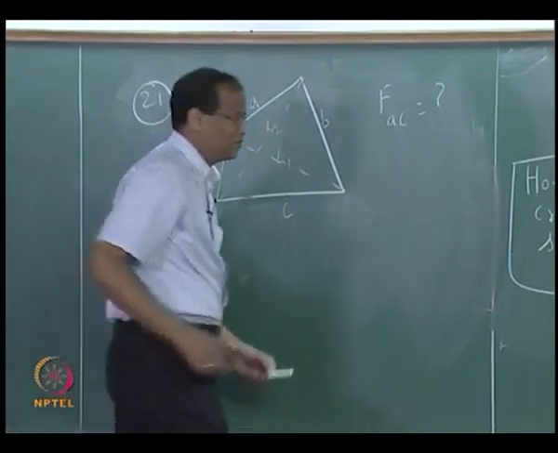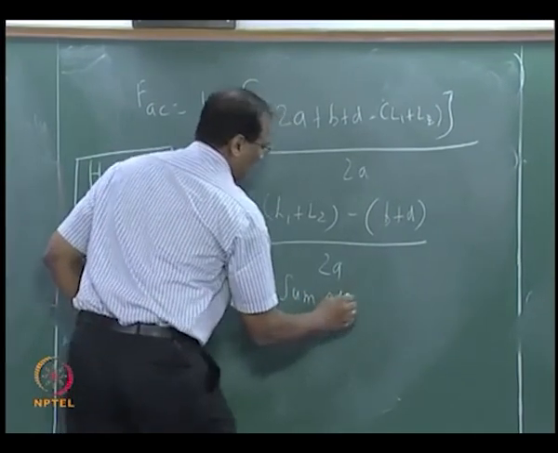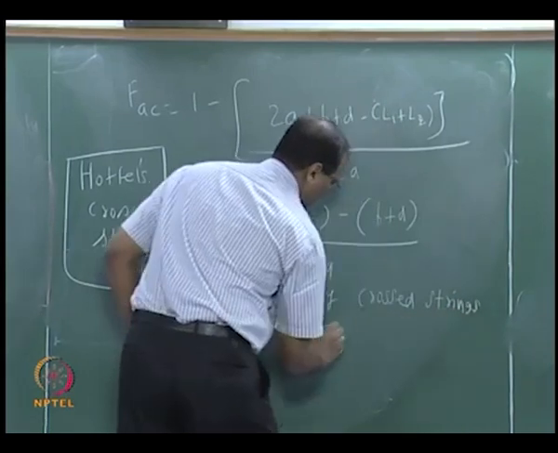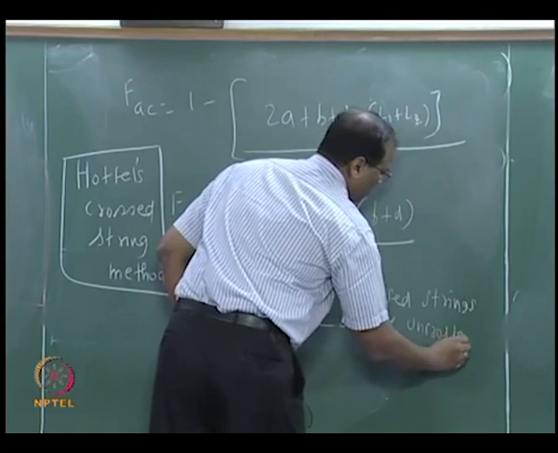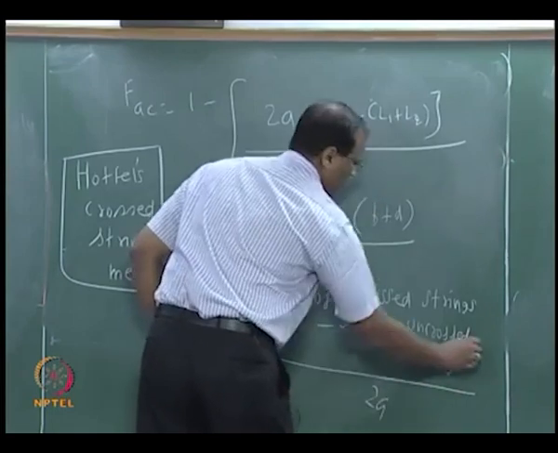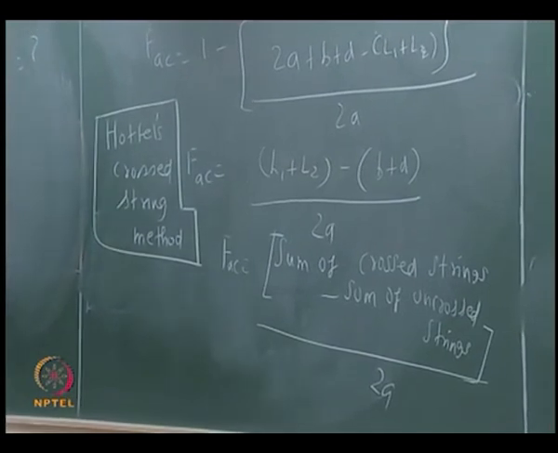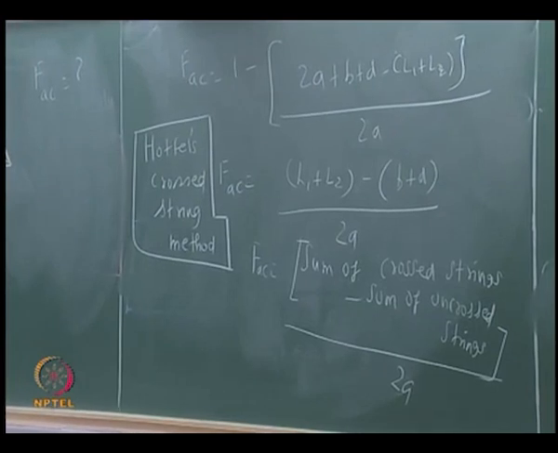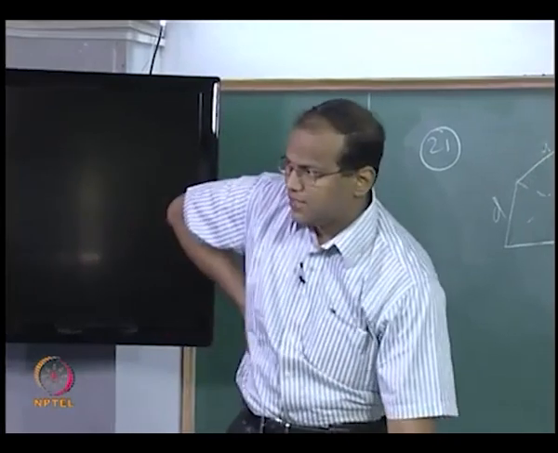So FAC is the sum of crossed strings minus the uncrossed, over 2A. It is a very powerful expression for 2D enclosures, okay. For any 2D enclosure geometry, you can exploit this expression.